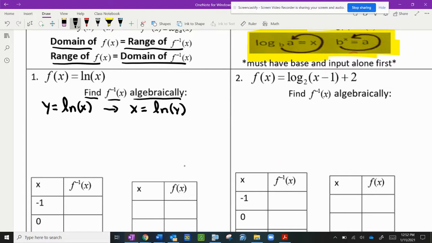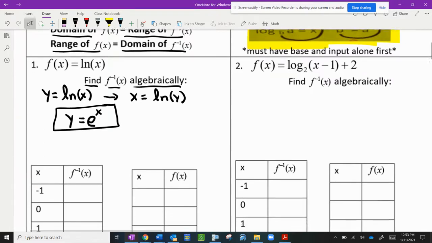So I'm going to say the base, which is e, raised to the output, which is now x, is equal to the input of the log, which is y. I'm just going to write that y just like that. So the inverse of the natural log is the exponential e to the x.